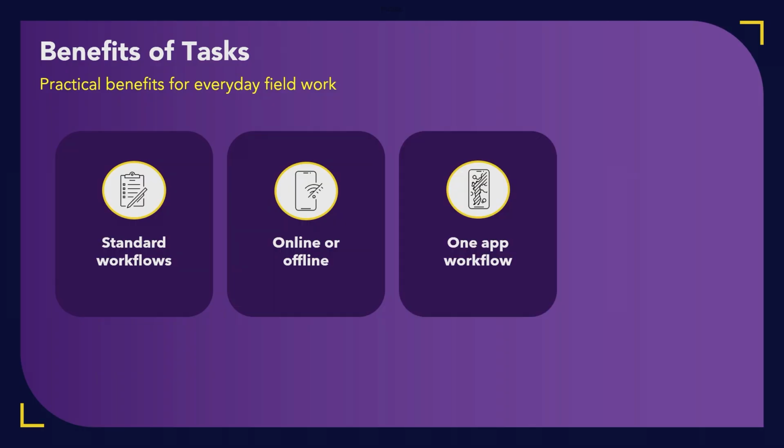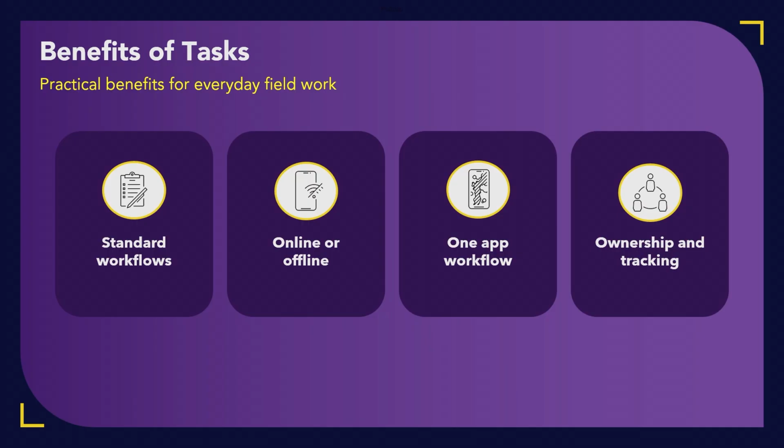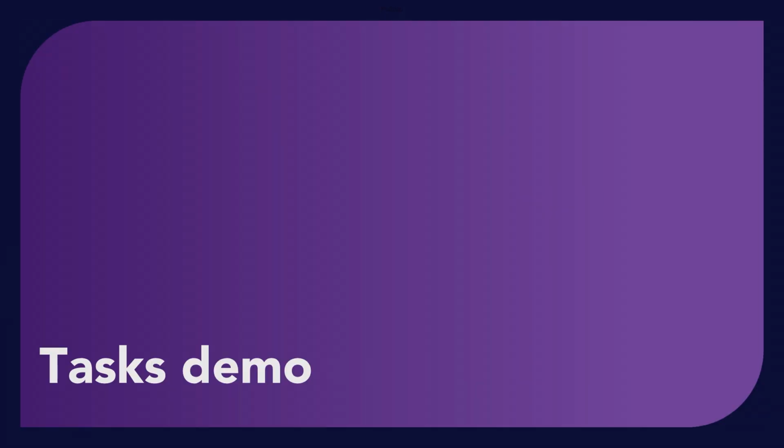Everything happens in a single app. There's no switching between systems to find work, collect the data, or report progress. And finally is accountability. Every task has a clear ownership and status, so it's always obvious who is responsible and how work is progressing. So I'm going to give you a quick demo on how easy it is to enable tasks, how to configure and then use them, and then we'll have a quick video on how it will look in the mobile app itself.